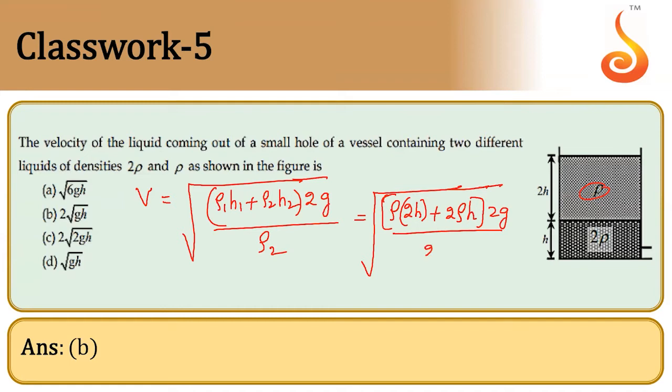Rho 2 is 2 rho, since rho 2 means the liquid which is coming out. So substitute, and you'll get the answer. So how much will you get? This is 4, 8 by 2, 4. So you get 4 GH, which is 2 into root over GH. Option B. You understood, children?